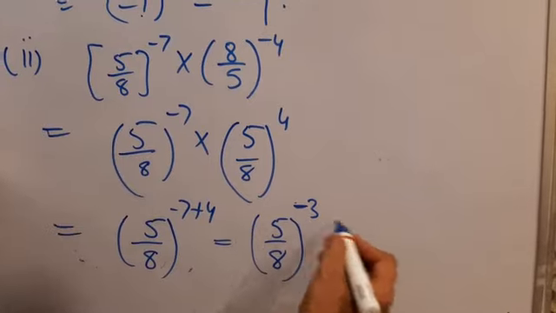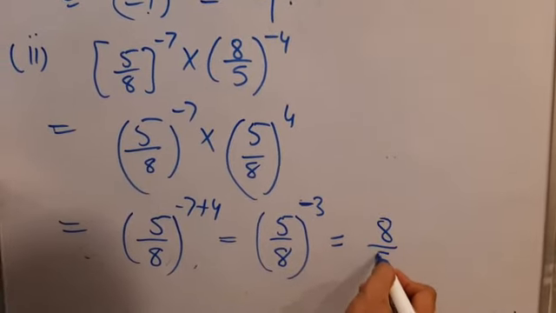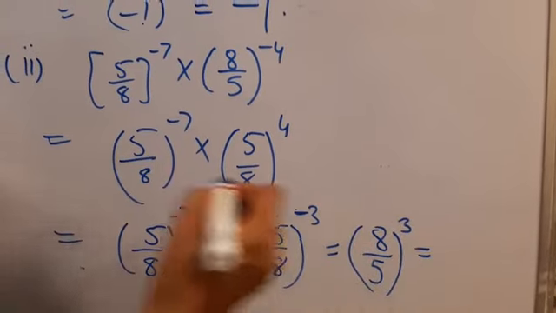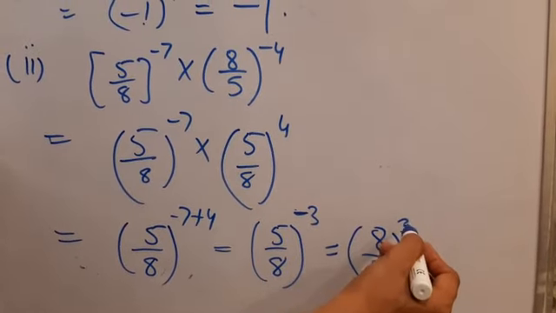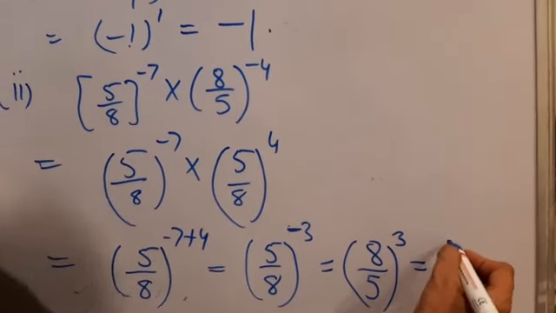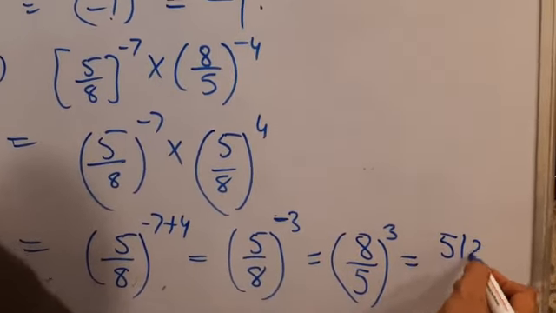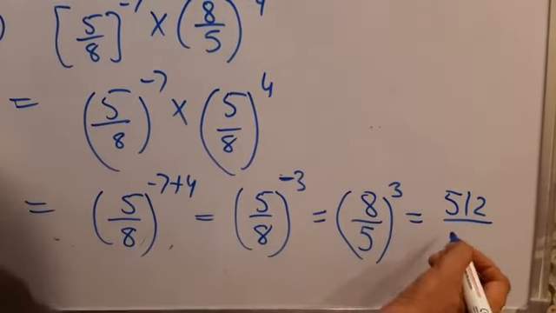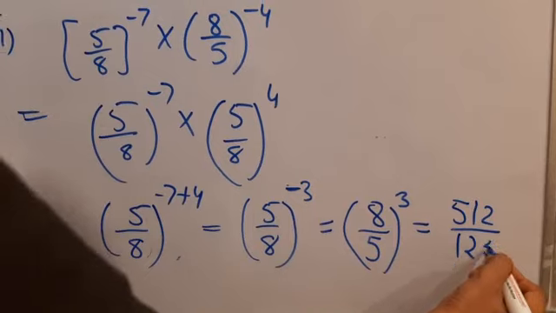When you make the power positive, it will become 8 by 5 raised to power 3. When you solve it, 8 raised to power 3 is 8 into 8 into 8, which will be 512, and 5 into 5 into 5 will be 125.